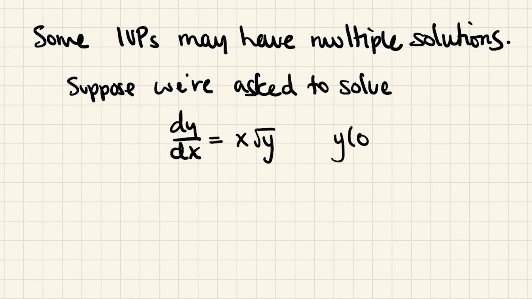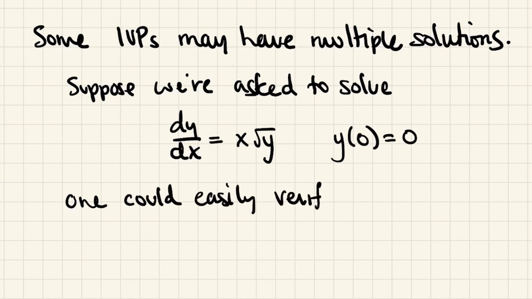And we're also told that the solution must go through the origin. Okay. Well, one could easily verify that y equals 0 is a solution to that. The derivative dy dx is of course 0, and 0 is equal to x times the square root of 0, 0 on all sides, so yeah, that one works.